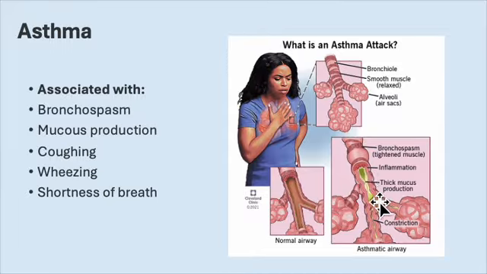So we see this thick mucus production here in the bronchi, here in the bronchiole. And this further blocks the airways. So symptoms of asthma include coughing, shortness of breath, chest tightness, wheezing, a lot of mucus production. And again, it's this chronic condition that can be characterized by periodic or reversible attacks.